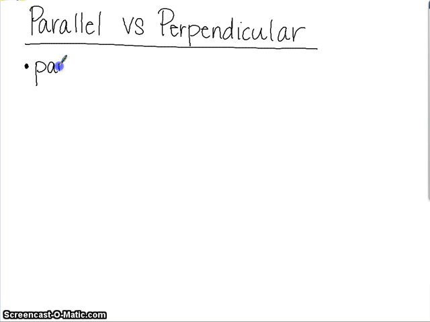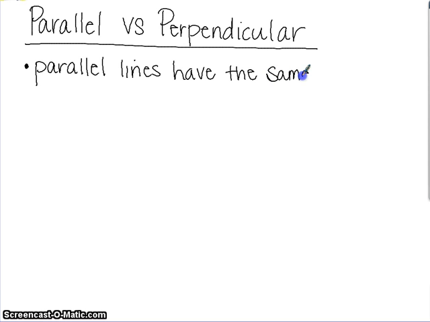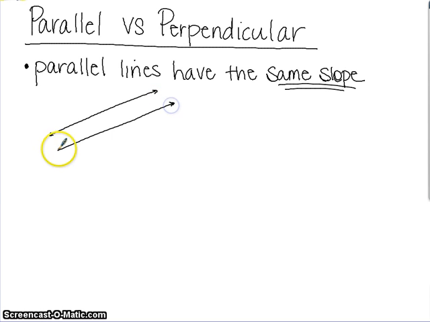First of all, parallel lines have the same slope. Okay, which kind of makes sense, because if the slope describes the slant of a line, well, wouldn't you want parallel lines to be slanted the same way? Well, yeah, otherwise they're going to intersect.